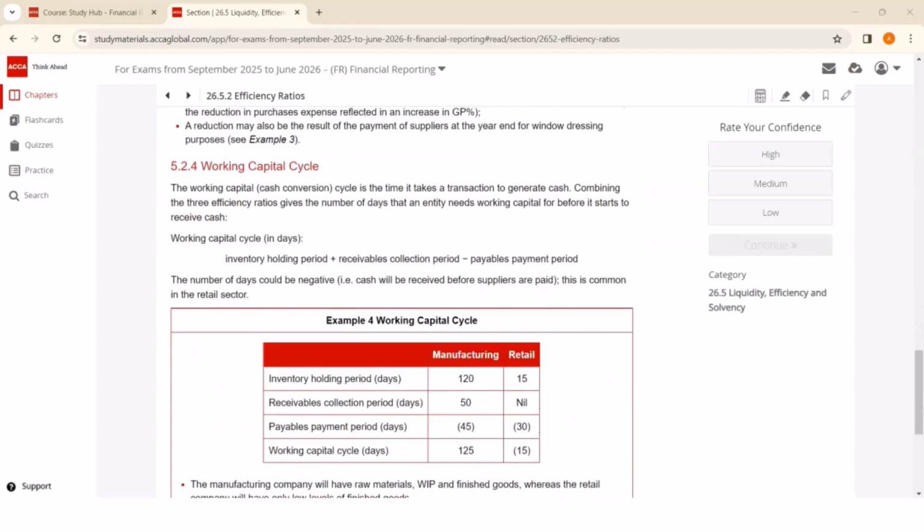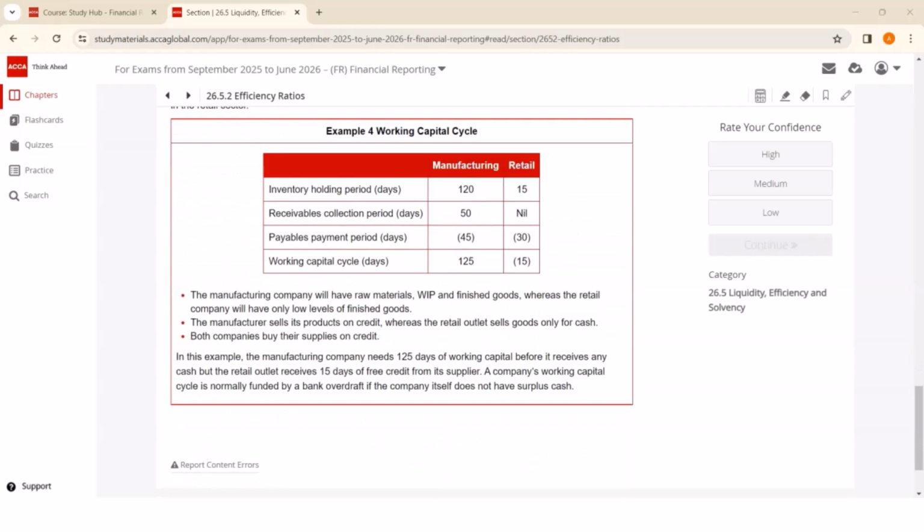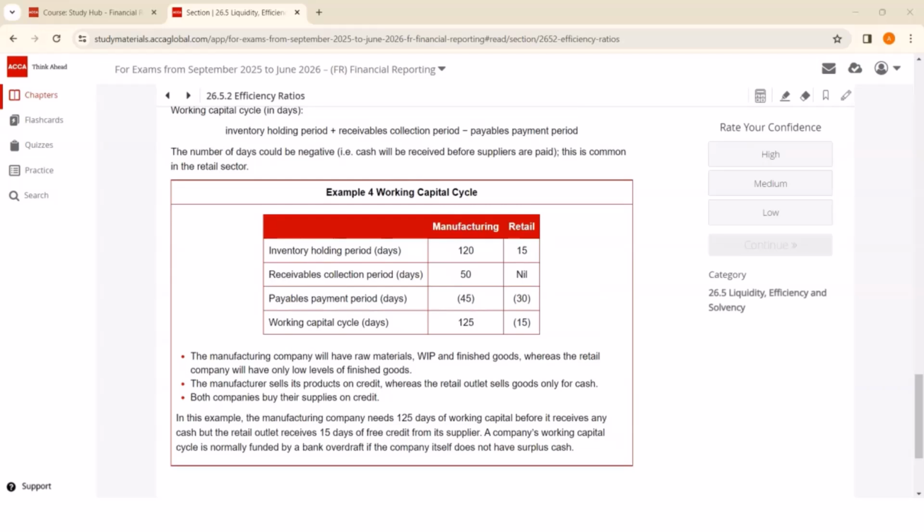In the end, we have the working capital cycle, which is summarizing all three of the above ratios. Here we have a question also which is dealing with both the manufacturing sector and the retail sector. It has given us inventory holding period, receivable collection period, payables payment period, and the working capital cycle overall.